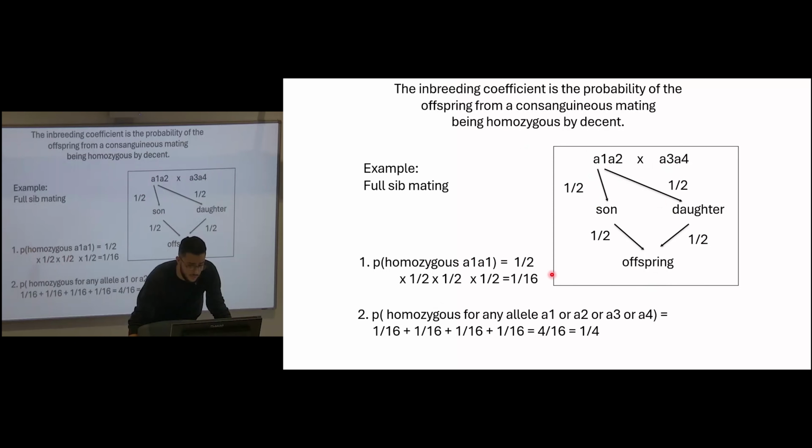The probability that the offspring will be homozygous for A1 is, not 1/2, 1/16, because it's 1/2 to pass it to this son and 1/2 to pass it to this daughter. And then same theory here, the son has 1/2 chance of passing it to the offspring and 1/2 chance for the daughter. Okay, so when you calculate that, you get 1/16, and then the probability of being homozygous for any of the 4 alleles, well, you're just adding this ratio here. So 1/16 plus 1/16, right? So you can see that it becomes 4/16, which is 1/4, and this is super big in terms of disease. Okay.